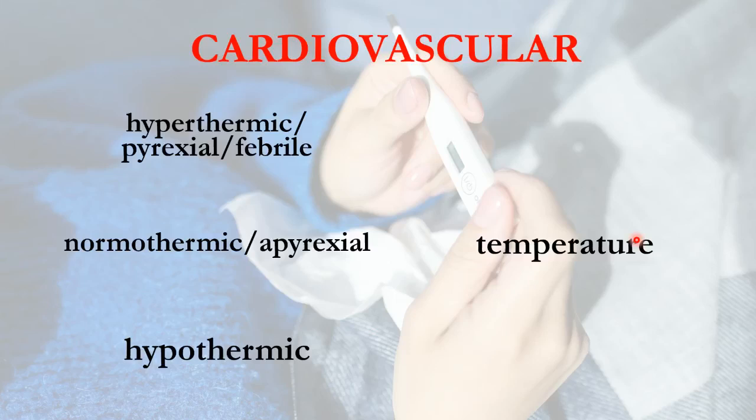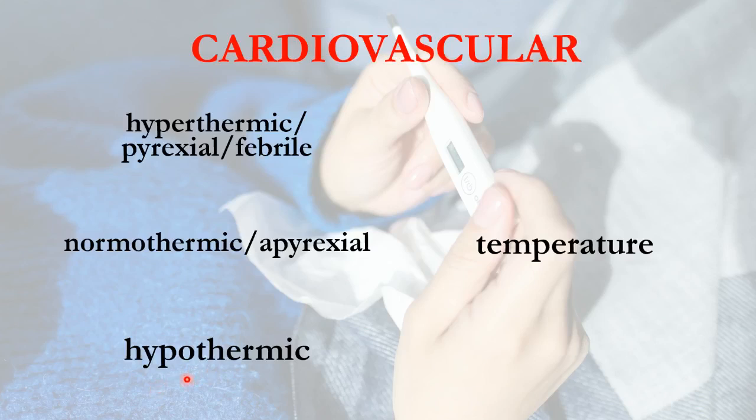Hypothermic or hypothermia is low temperature, while pyrexia or febrile means high temperature, to those who are new to these terms. Normothermic, normothermia, apyrexial, afebrile mean normal temperature. Thermic refers to your temperature. Normo means normal, hyper means high, and hypo means low.